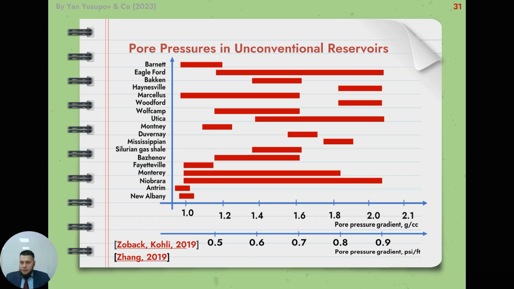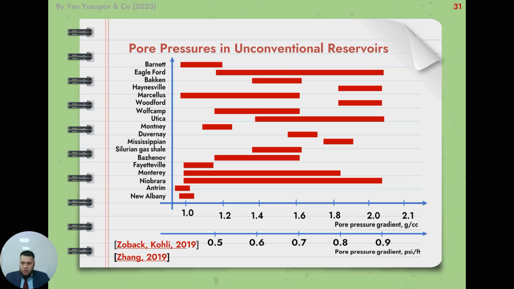Most shale oil and gas reservoirs in the United States and all over the world have abnormal pore pressure, and high overpressure is common. Please note the table on this slide. For example, in the Haynesville and Bossier shale gas plays in Louisiana and Texas, pore pressure gradients are very high, ranging from 0.75 to 0.94 psi per foot.